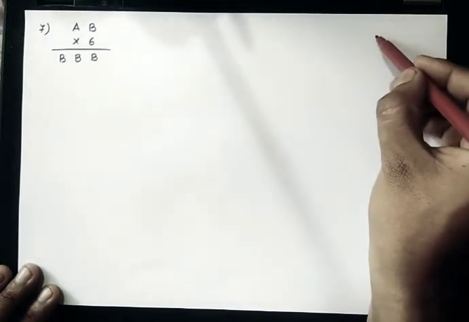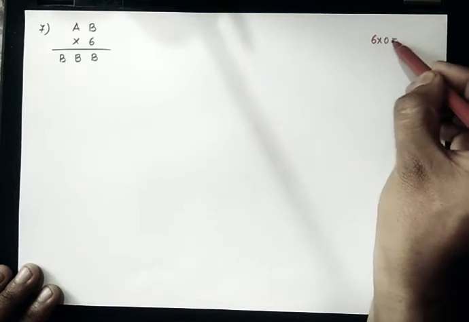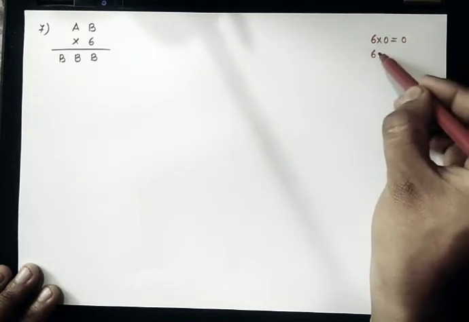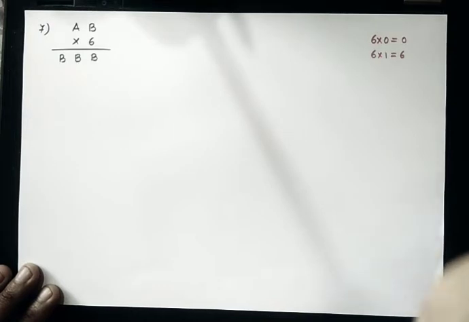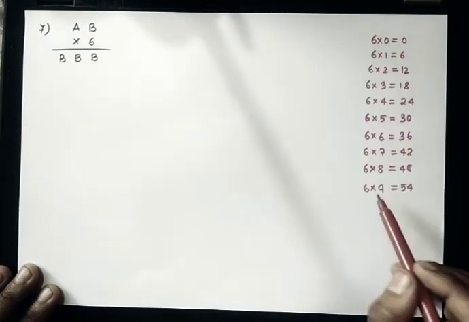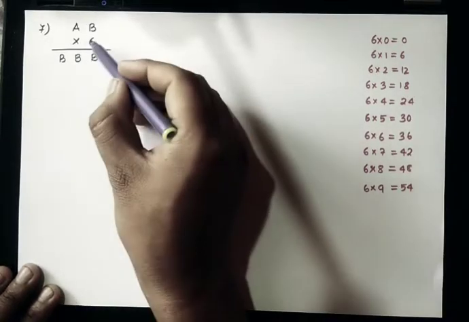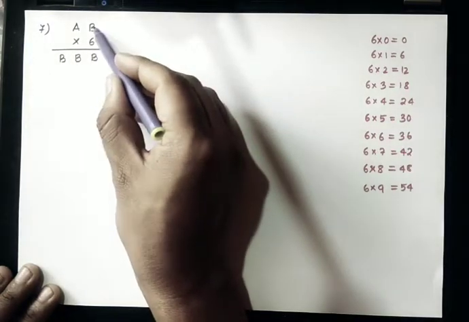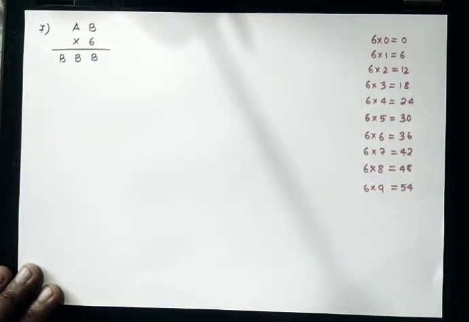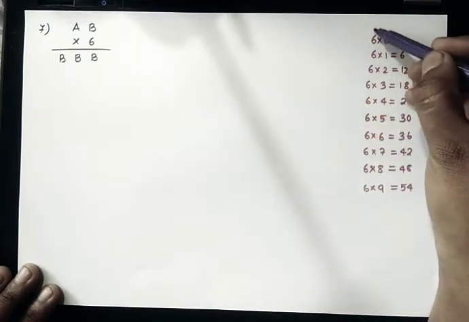Let's see what will be the table of 6. 6 into 0 will be 0. 6 into 1 will be 6. 6 9s are 54. So this is our table of 6. Now what you need to observe here is when you are multiplying 6 to a digit, you are getting back a digit.